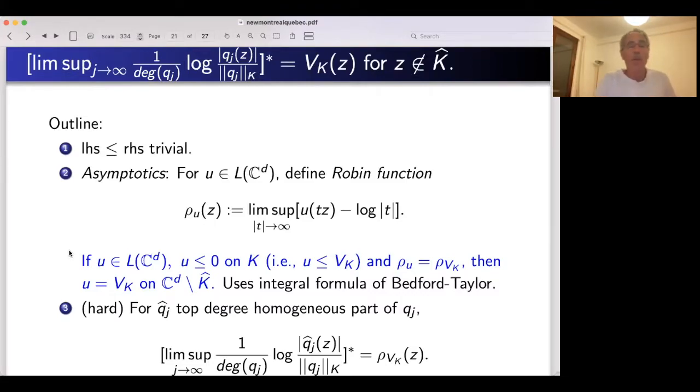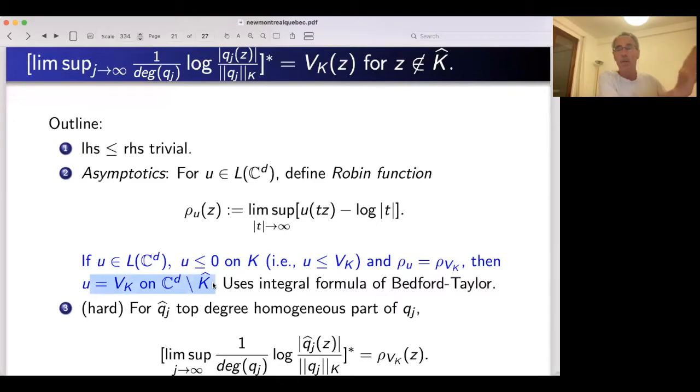What Tom Bloom observed is that if you have a function in the Lelong class that's a competitor for the extremal function for K, that is, if it's less than or equal to 0 on K, i.e. it's less than or equal to v sub K, and if it has the same asymptotics as v sub K, that is, if its Robin function agrees with the Robin function for v sub K, then actually it equals v sub K outside of the polynomial hull.